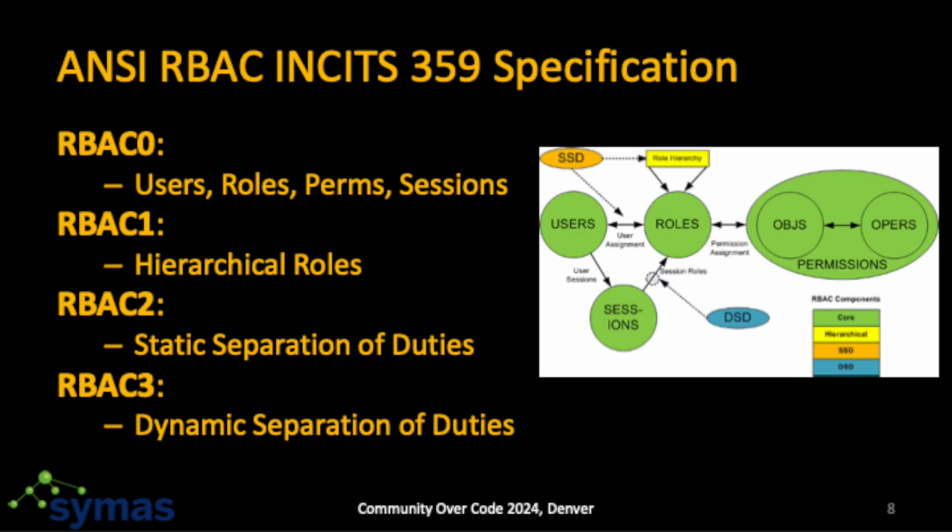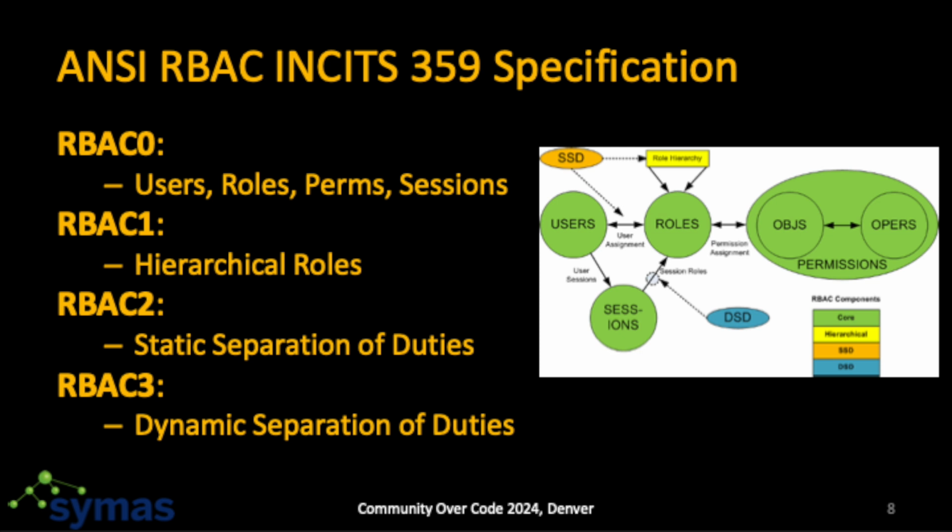So what is role-based access control specifically? Okay. There is a very formal model, and this diagram is the classic model you'll see. It has the entities and their relationships. But it's four broad areas.